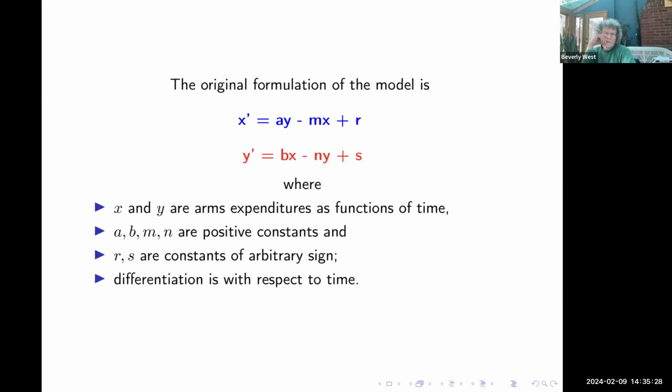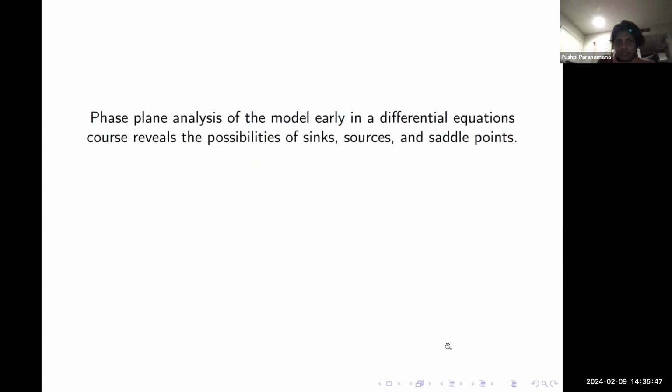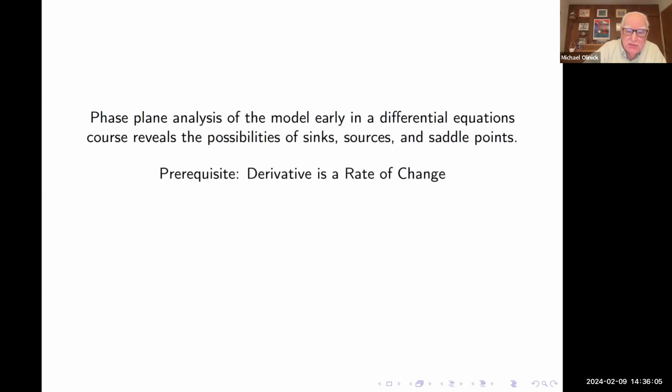So just to review briefly this model, X and Y represent arms expenditures changing over time. Our coefficients A, M, B, and N are assumed positive. R and S are constants of an arbitrary sign. And our differentiation is with respect to T. So at the beginning of a differential equations course, this is a good model to illustrate the benefits of doing a phase plane analysis that can reveal lots of different possibilities for the dynamics of such an arms race.